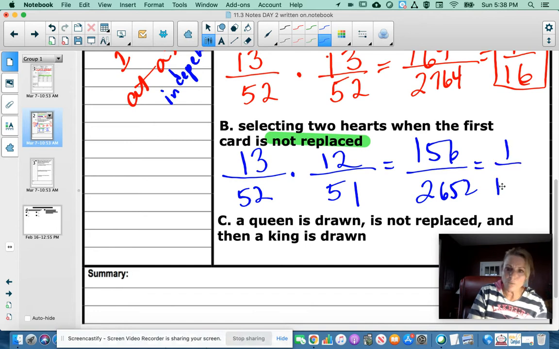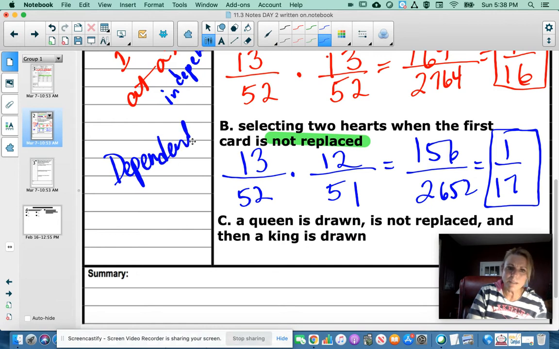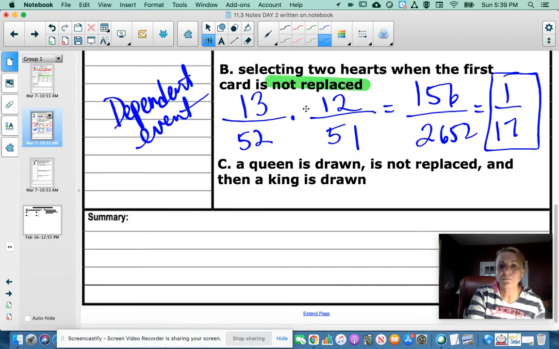And I reduce that, it's 1 over 17. In B, this is a dependent event. The second probability depended on what happened in the first probability because the card was not replaced.